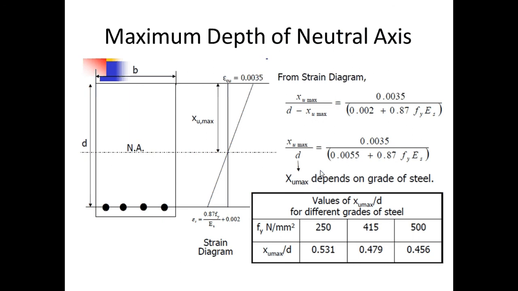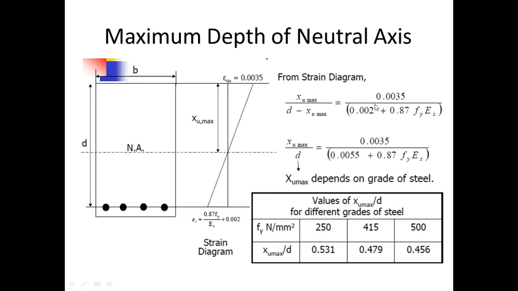So how to calculate the maximum depth of your neutral axis? The maximum depth of the neutral axis can be found from the strain diagram. From the strain diagram, we can calculate the maximum depth, nothing but xu max divided by d minus xu max. This is the case. We already know the extreme strain is 0.0035, and we know the strain at the rebar, that is 0.87 fy by Es plus 0.002.